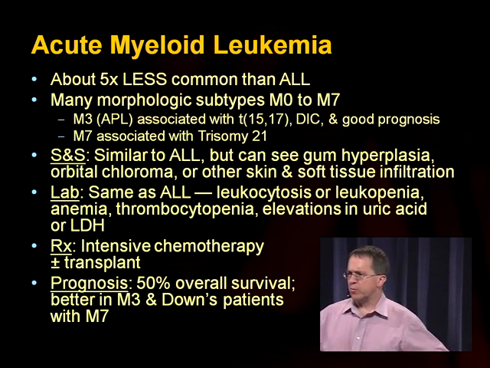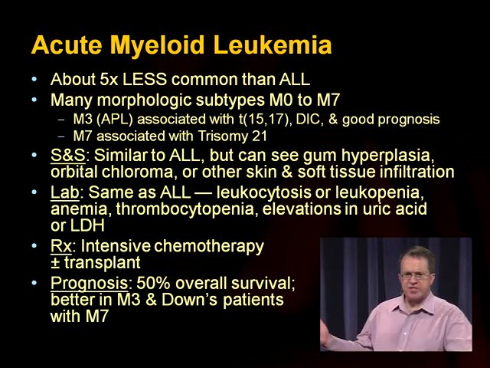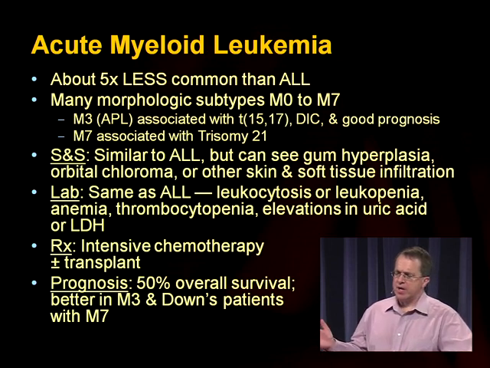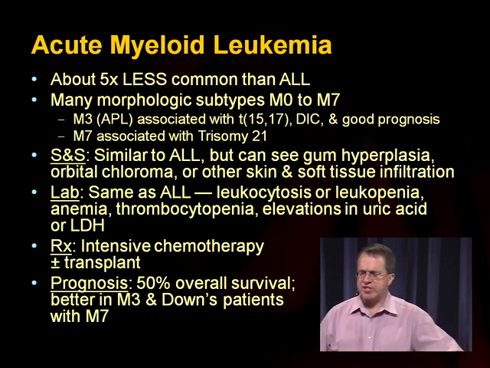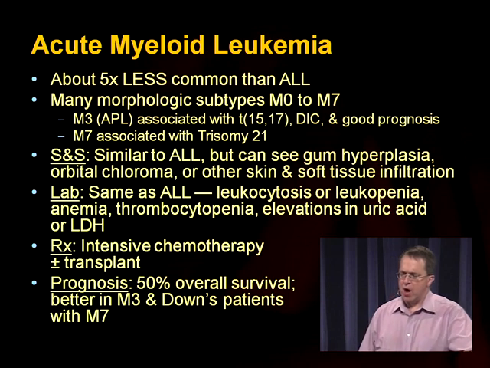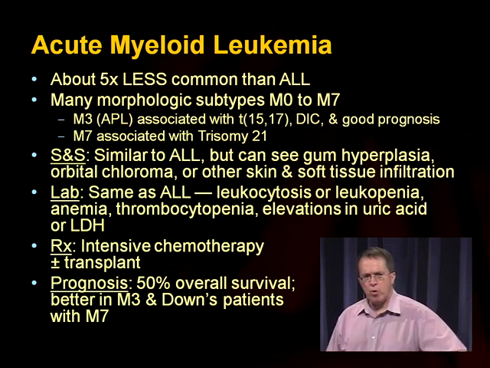These are children who present in horrible DIC and have about a 5% mortality in the first 14 days because of that. And this is a disease characterized by a particular translocation, 15;17, which makes it sensitive to all-trans retinoic acid. M7 is what we call megakaryocytic AML, and it's associated with trisomy 21.